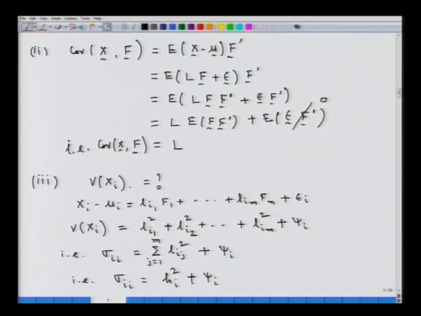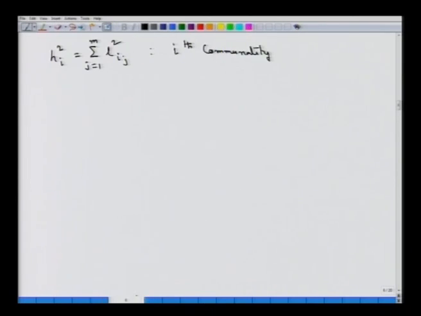Li1 square is the contribution to hi square that is coming from the first common factor. Li2 square is the contribution to the ith communality that is coming from the second factor, and similarly Lim square is the contribution of the mth common factor fm in the communality hi square.